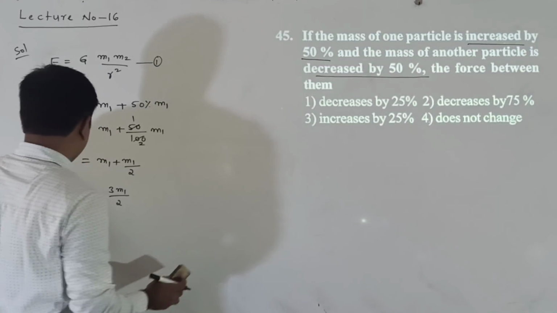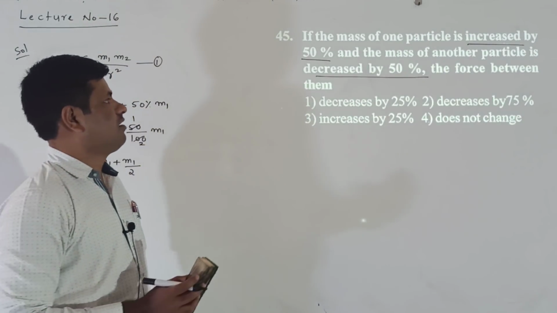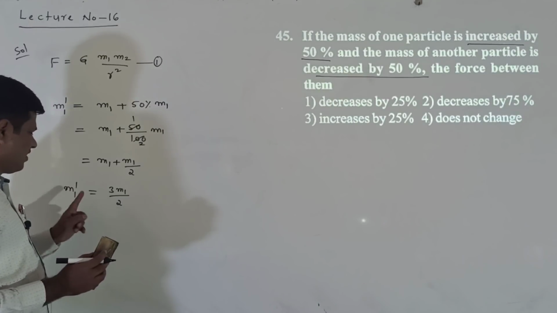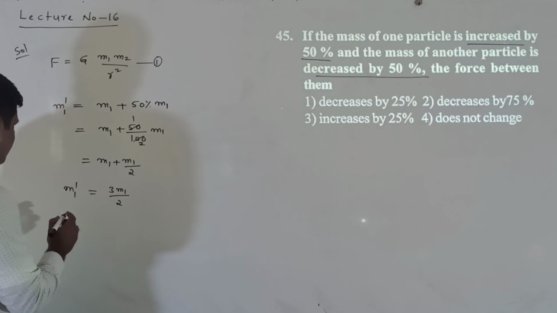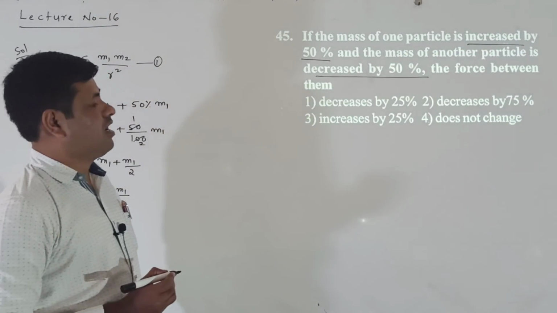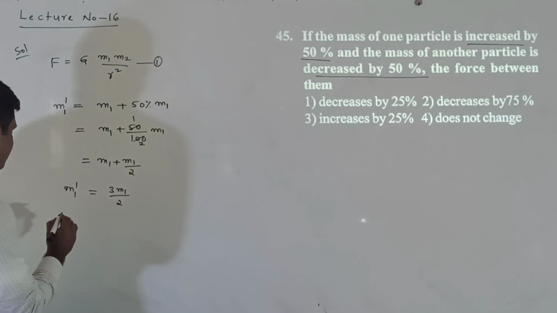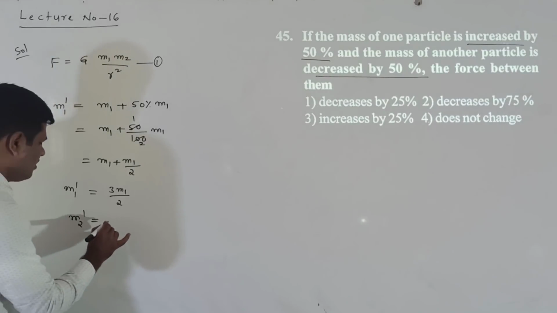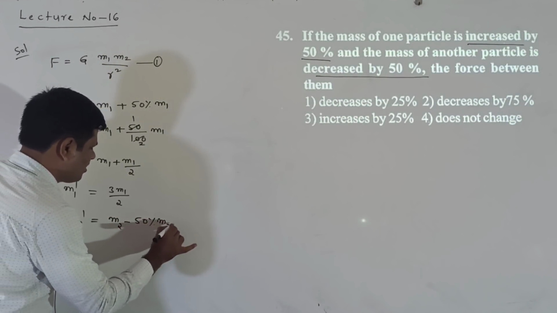Now this is m1 dash, the new mass when increasing by 50%. The mass of the one particle is increased by 50%, so the new mass m1 dash is equal to 3m1 by 2. Next, the mass of the second particle is decreased by 50%. Decreased by 50% means the new mass I take as m2 dash. m2 dash can be written as m2 minus 50% of m2.